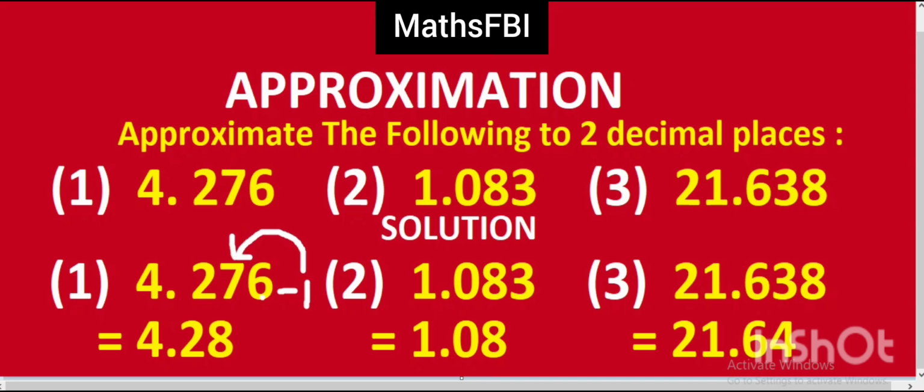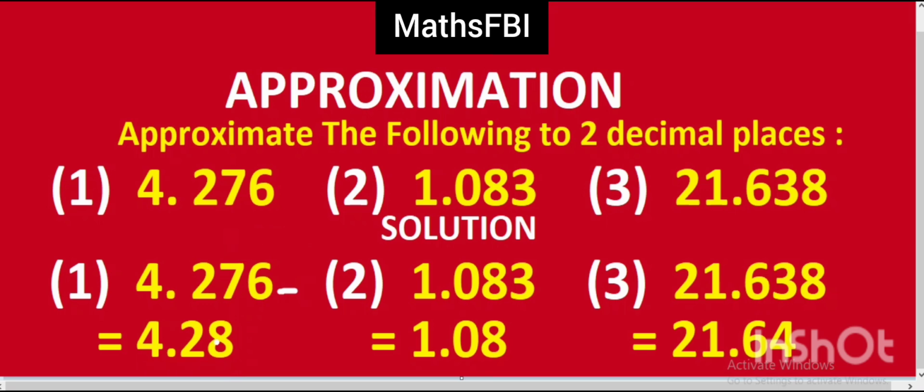Okay, 1 plus 7 is 8. So these two have been approximated to 8. So that's how we got 4.28. So question number 1 has been approximated into 2 decimal places. Okay, this is a whole number with 2 decimal places.